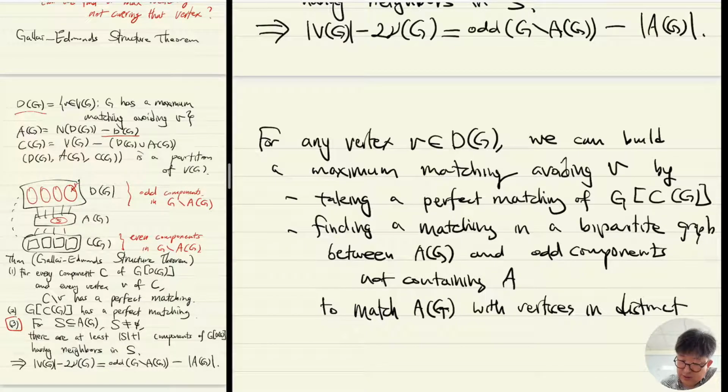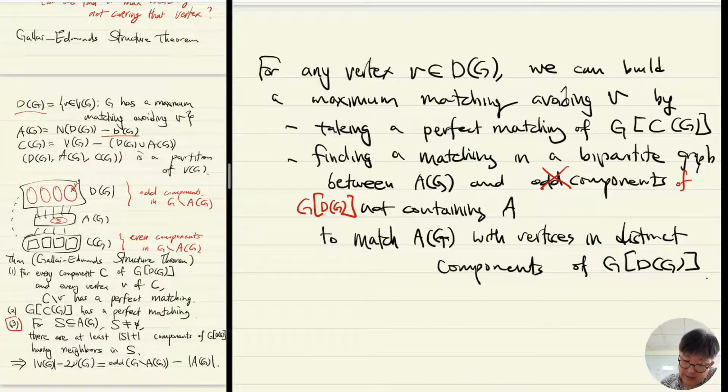Okay, so I shouldn't say odd component. I can just say components of G minus A not containing A. So distinct components of G minus A.